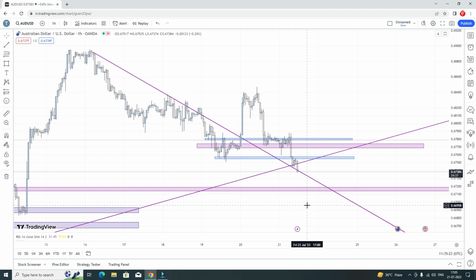In terms of trend lines, I don't see anything that is standing out. There is a trend line happening over here, but it's not doing too much. Let's get down to half an hour.